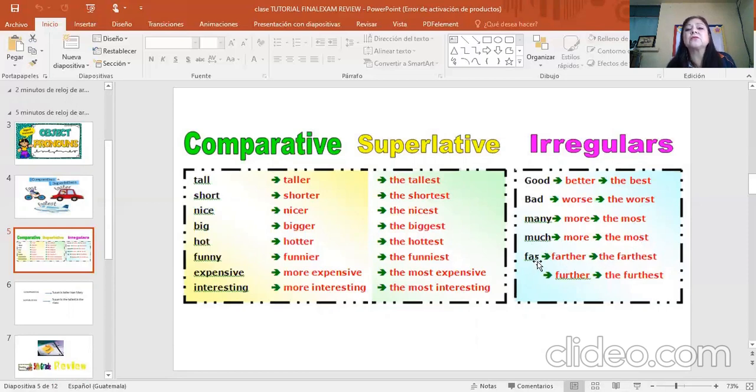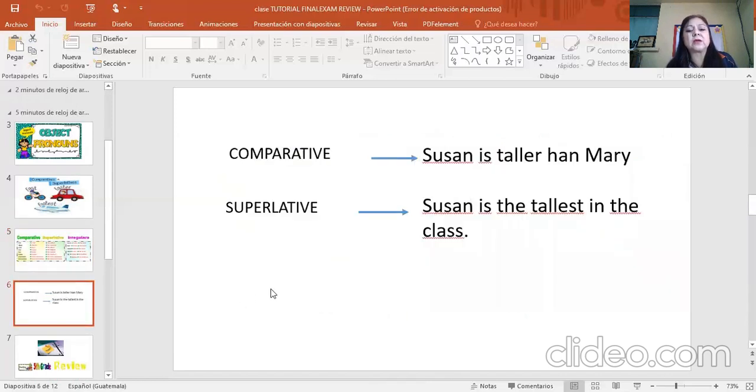Far, the comparative is farther, and the superlative is the farthest. And also we have further and the furthest. Okay, these are the words that you have to review before your exam, or for your life, to learn for any other moment.